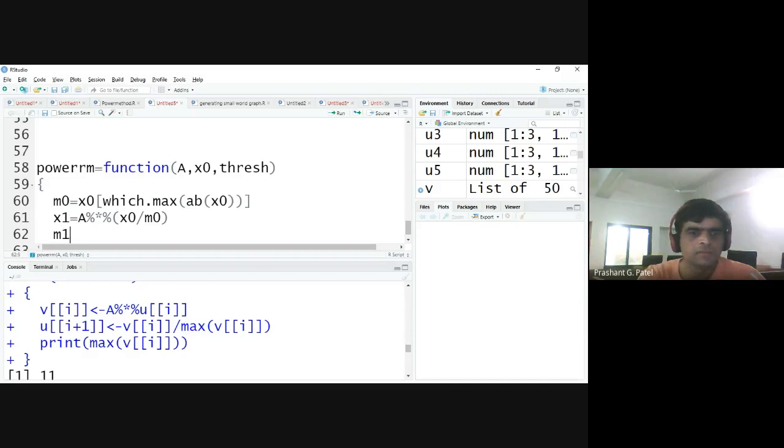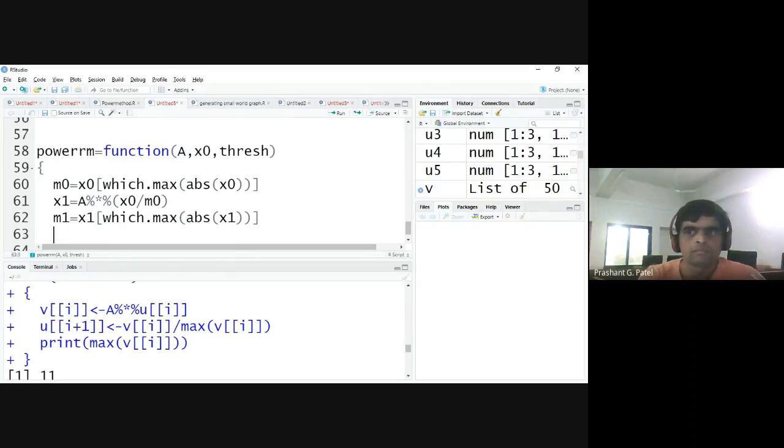Then m1 it will calculate as x1 of which the maximum of absolute values of x1. Then this is a cat function, m1, slash n, that will give you a new line.